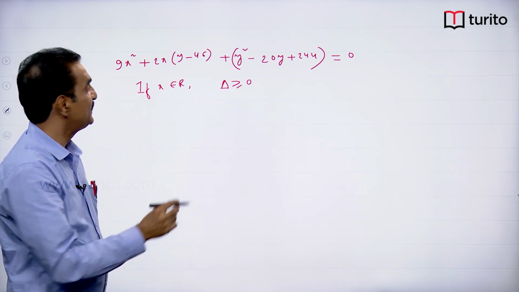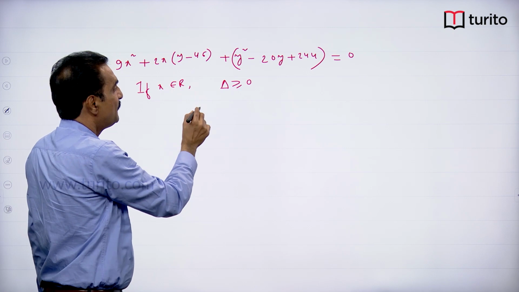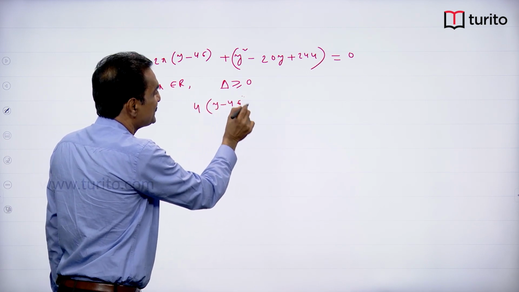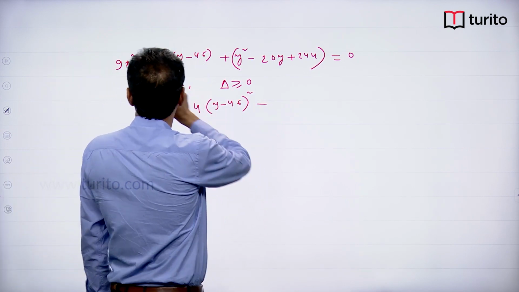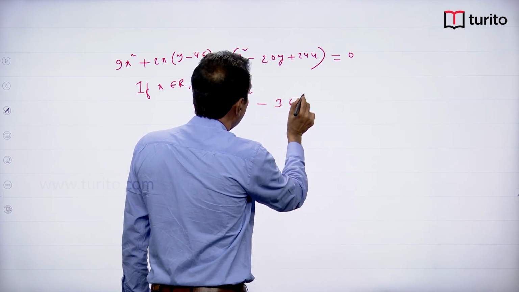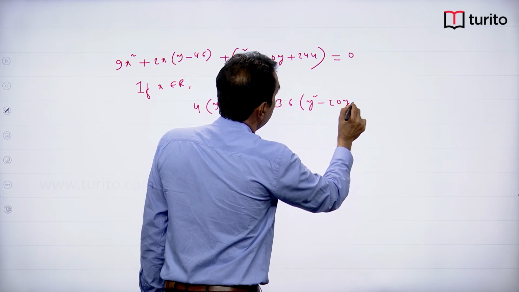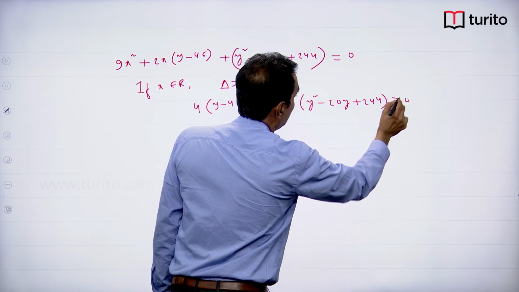What is the discriminant? B square means coefficient of x whole square. How much? 4 into y minus 46 whole square minus 4 into 9, 36, into y square minus 20y plus 244 should be greater than or equal to 0.